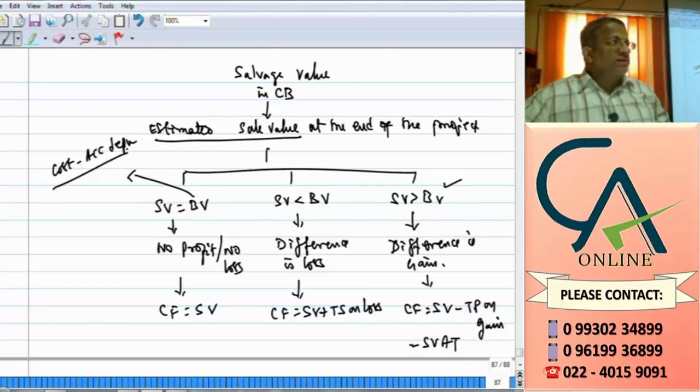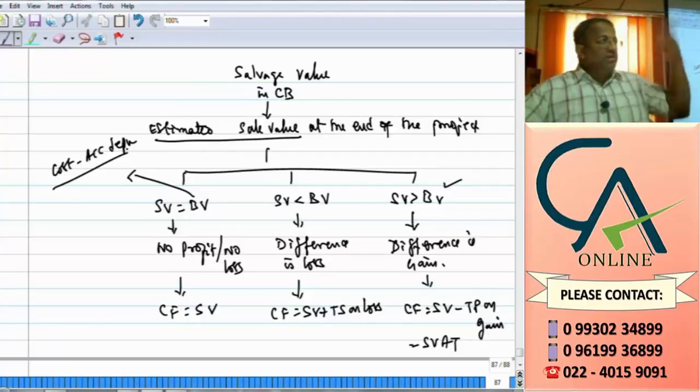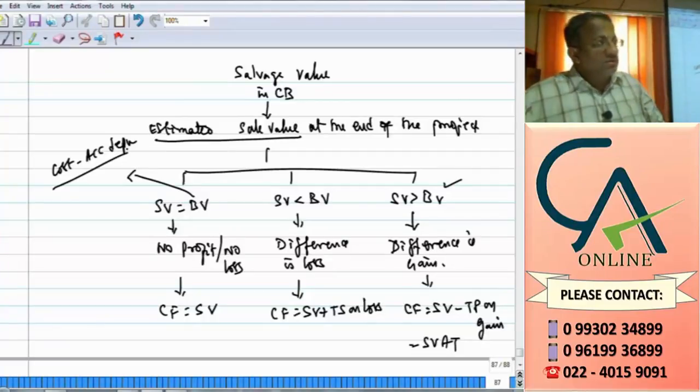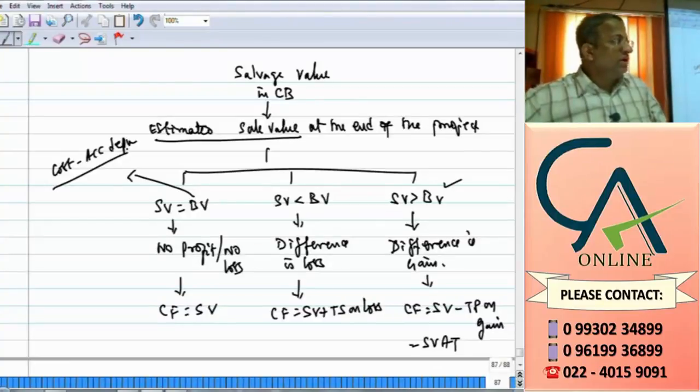Or, it is as good as selling off the old asset, with my cash outflow being lesser, but I charge depreciation on the original cost of the asset. That way also you can work it out, where you charge depreciation on the original cost, even though for outflow purposes you may have to deduct.